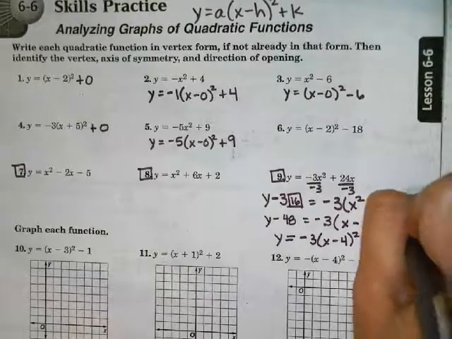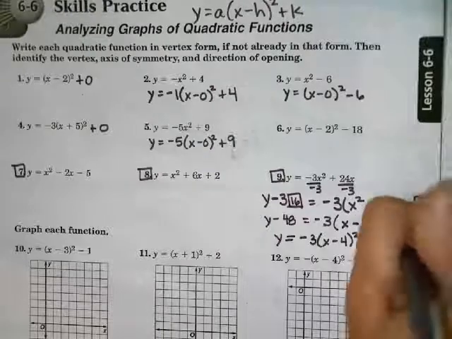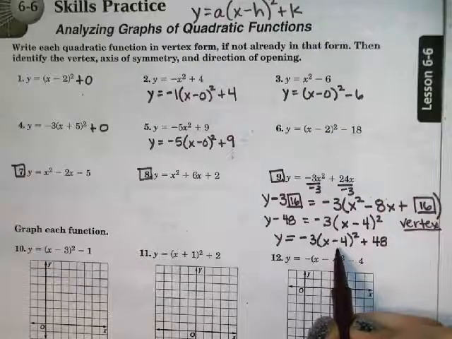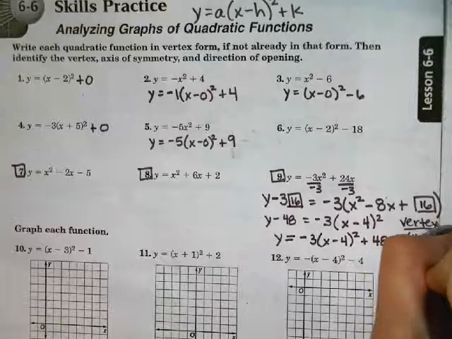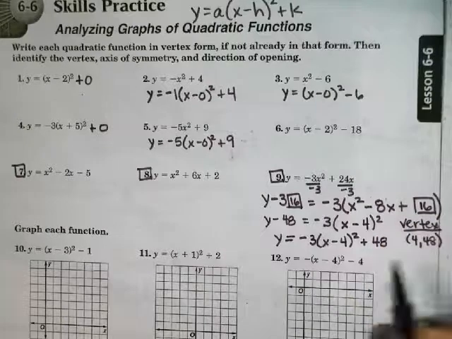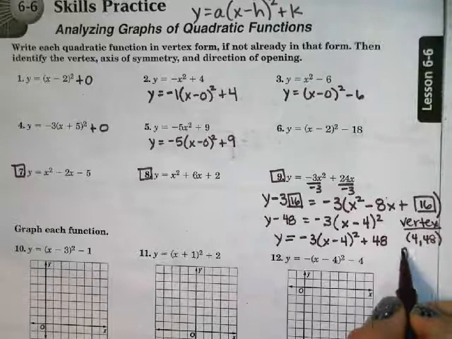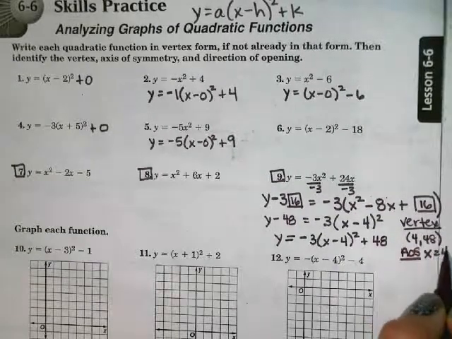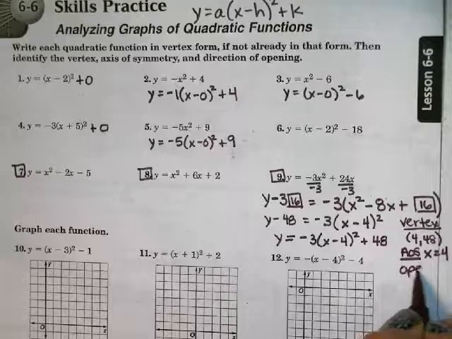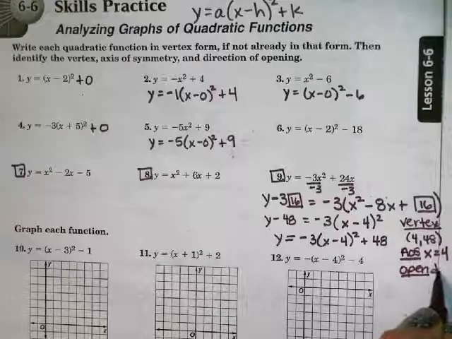Okay, so this guy, the vertex, is at +4, +48. The axis of symmetry is x equals 4, and this guy opens down.